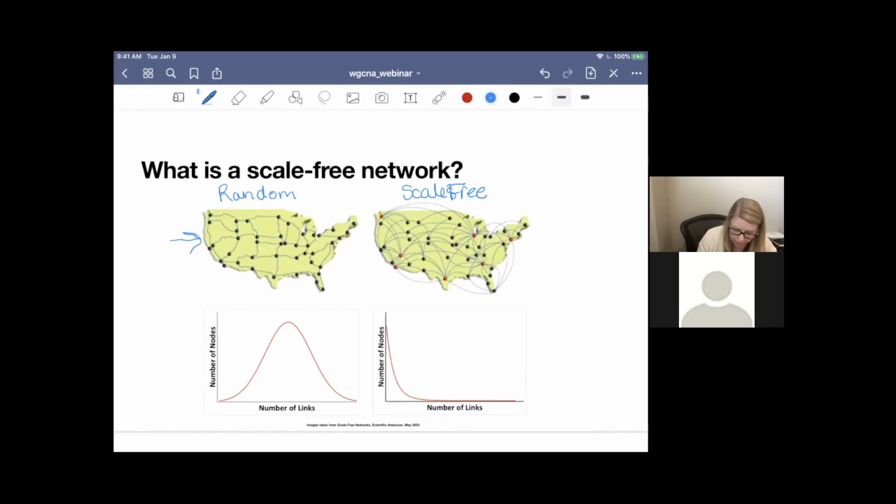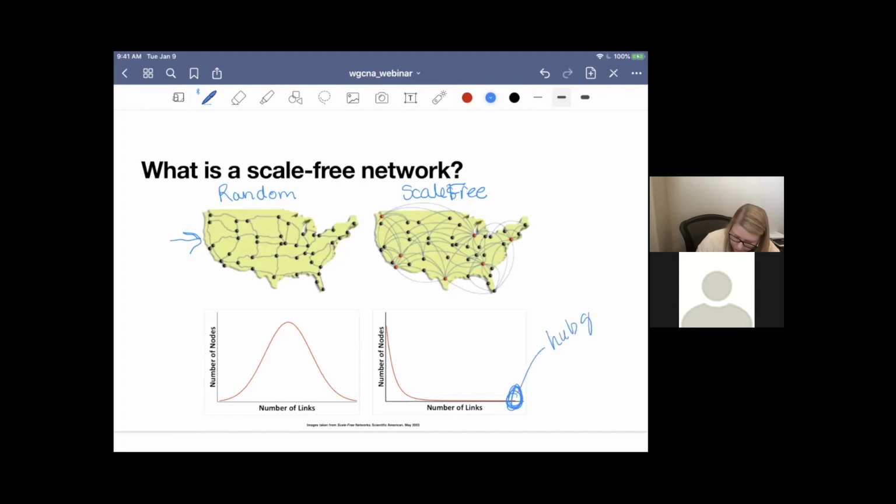Whereas a scale-free network, instead of every node looking similar, having a similar number of connections, what it turns out is that most nodes have very few connections, and only some nodes have a lot of connections. So the nodes that are down here with lots of connections, these we call hub genes.